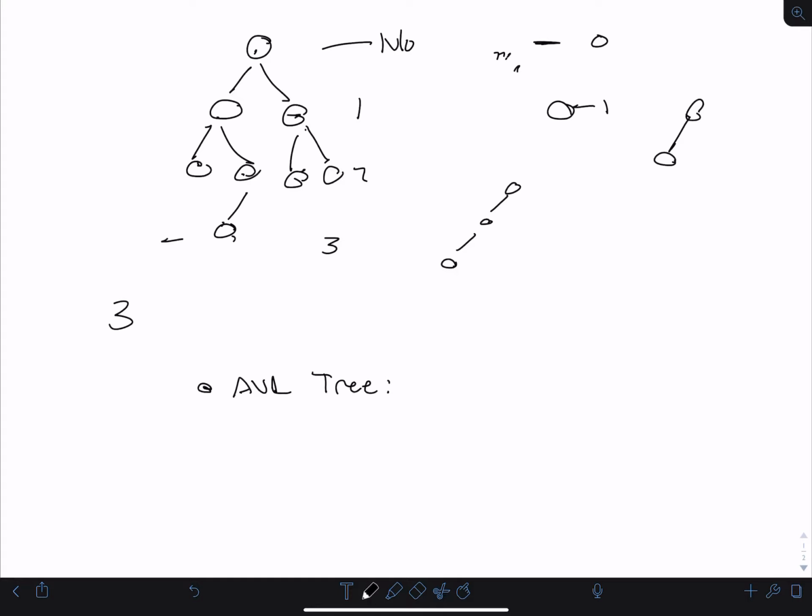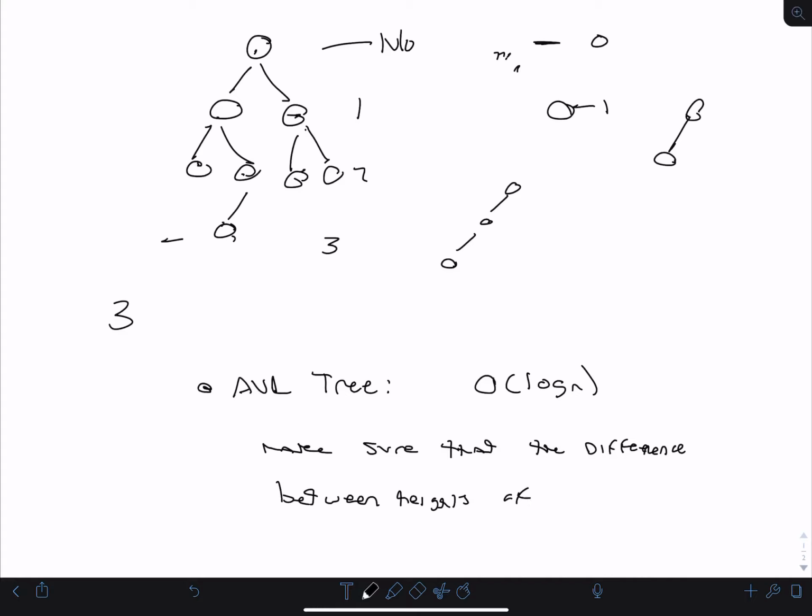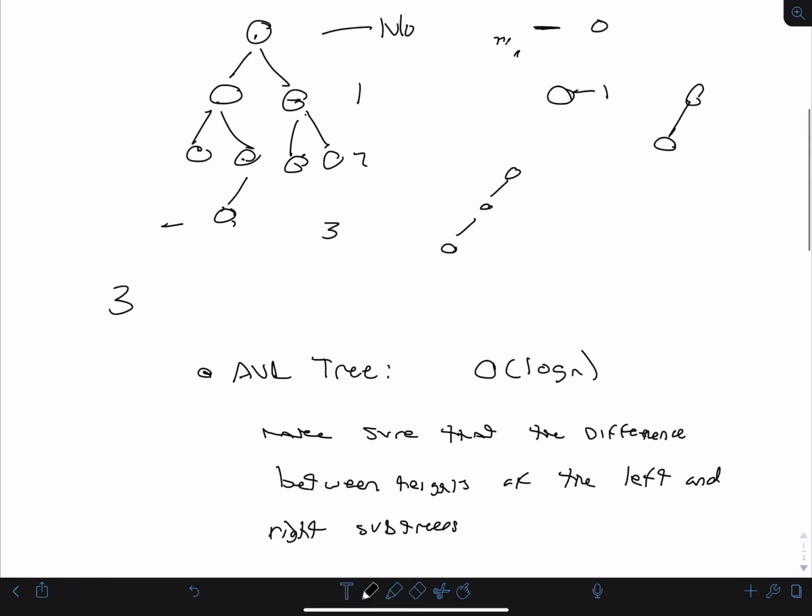And for AVL trees, to maintain that log n height, we're going to make sure that the difference between heights of the left and right subtrees is 1.